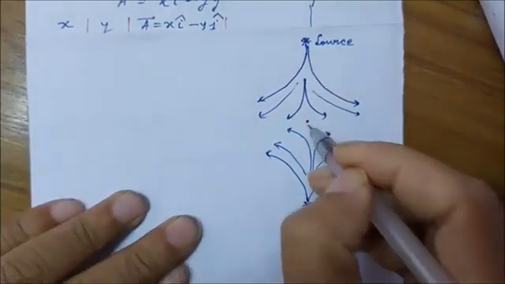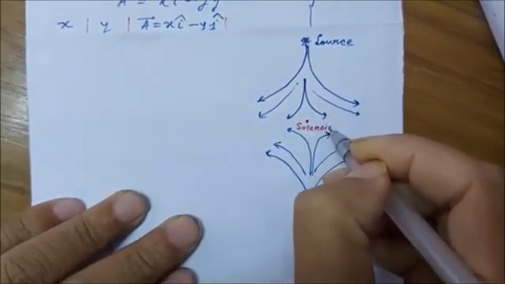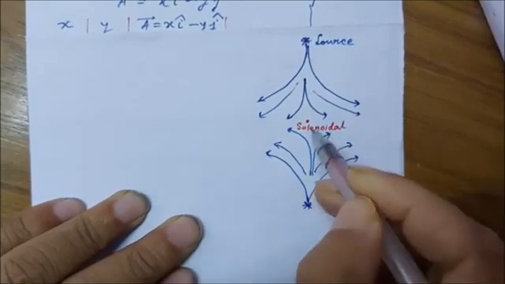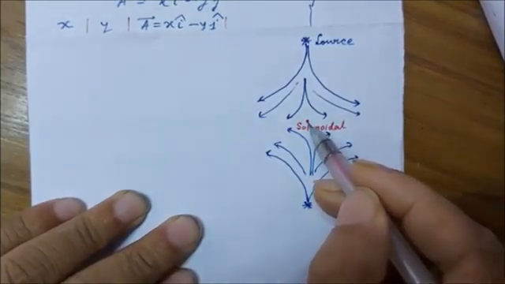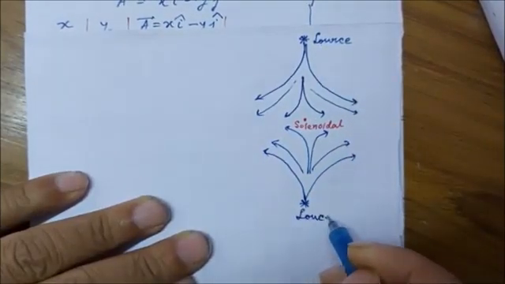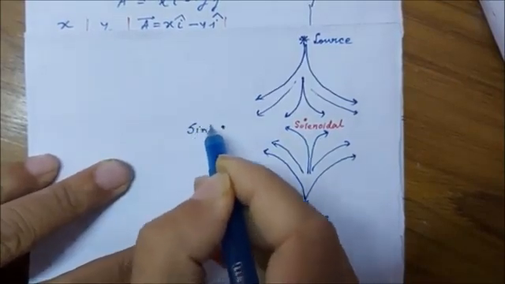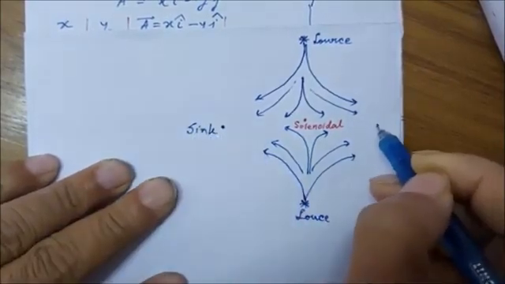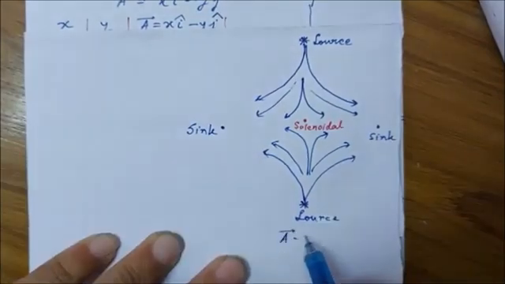So what about this point? So this is a solenoidal point. Nothing is stored here. This is neither a source nor a sink. This is a source. This is also a source. And the sink is here. The sink is there. So this is the A field.